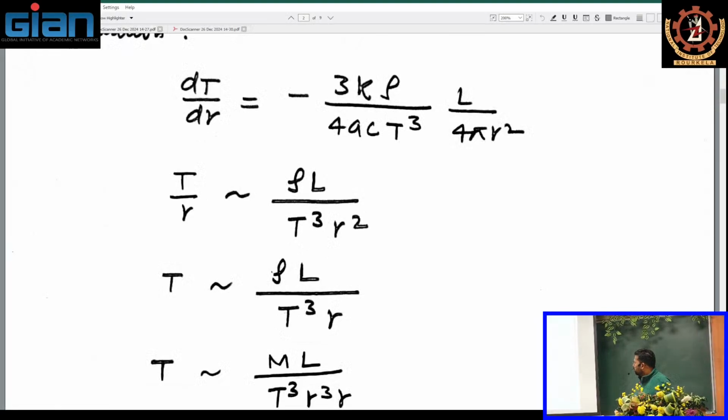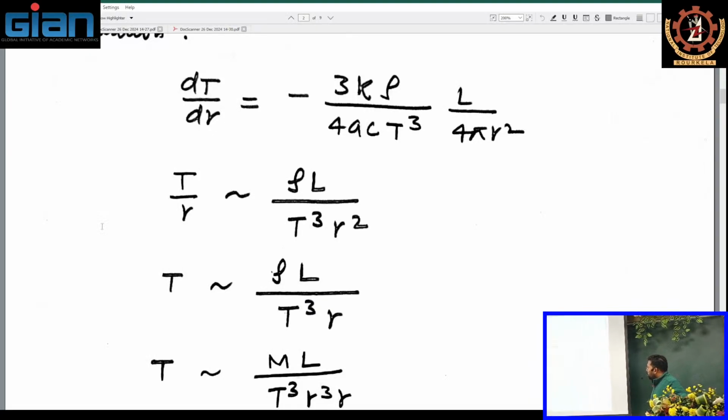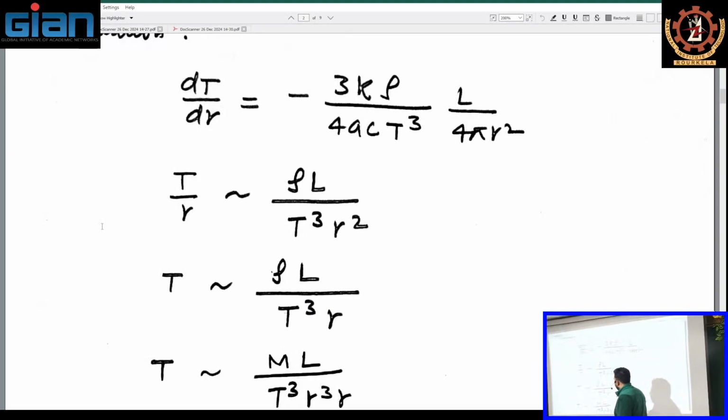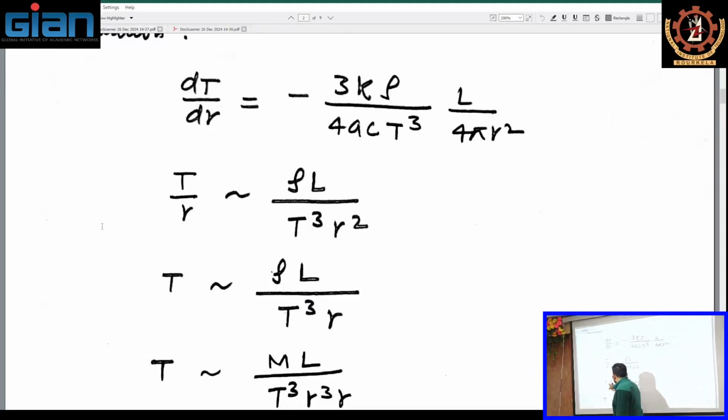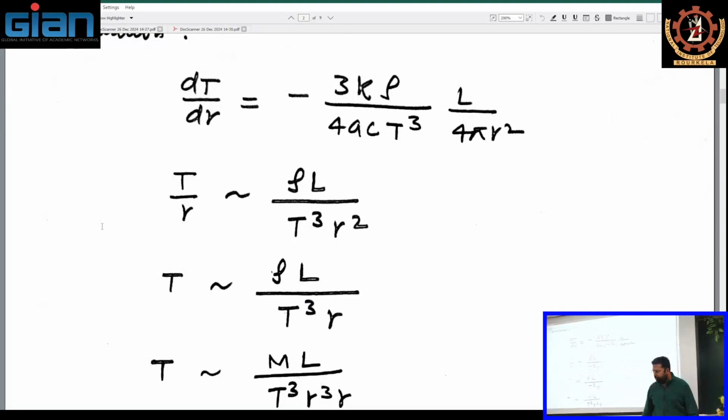So from the energy transport equation we can write T divided by R proportional to rho times L divided by T cubed and R square. From here you can write T proportional to rho times L divided by T cubed R. So basically one R appearing here will cancel the other one and you are only left with one. Okay.